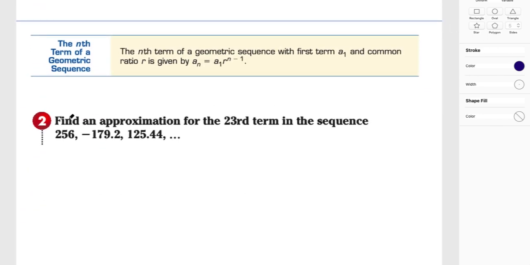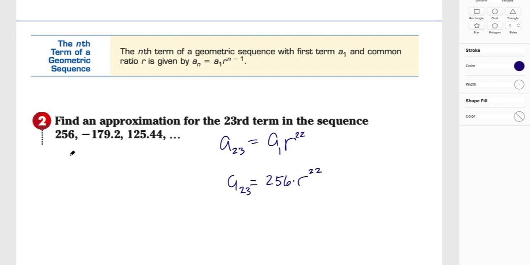So here we are. We're going to find an approximation for the 23rd term in the sequence. So we're basically looking for A23. How do we do that? We're going to take the first term and we're going to multiply that by R to the 22nd power. Y'all with me? So A23, what we're looking for, is going to be 256 times R to the 22nd power.